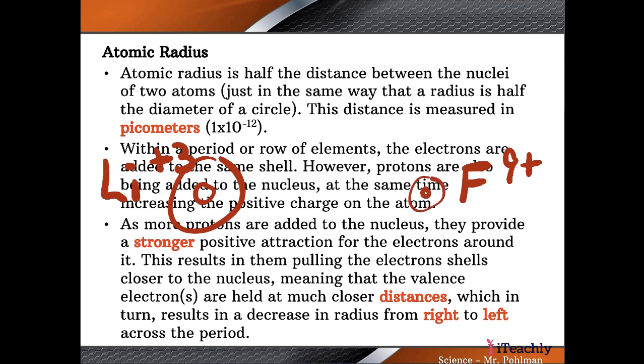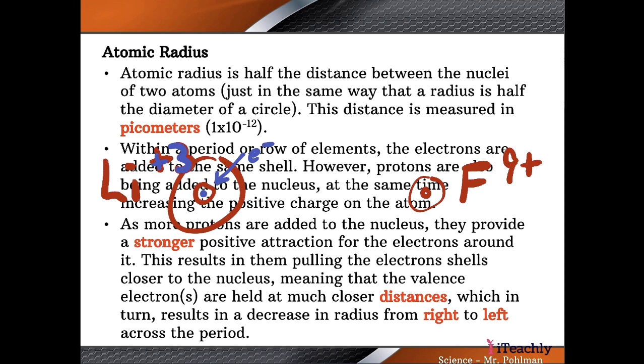Well, I want you to think of this in terms of magnets. You have 3 positive charges right here in the nucleus of the atom. They are pulling inwards on these electrons. All right, so if you only have 3 positive charges pulling inwards on those electrons, it's not like it's a strong magnet.